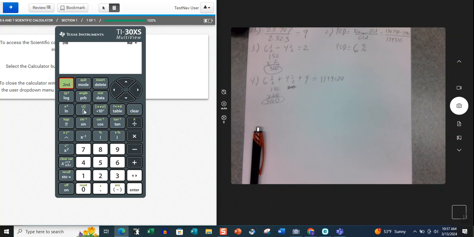So again, second, N over D, so that'd be 6, right arrow, 1, down arrow, 2, right arrow, plus second, N over D, then we have 4, right arrow, 1, down arrow, 2. And I need to go back and get rid of this extra plus sign, but you don't have to go back. I just had to.